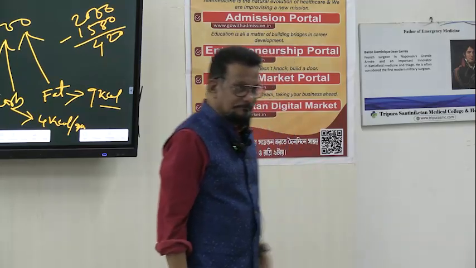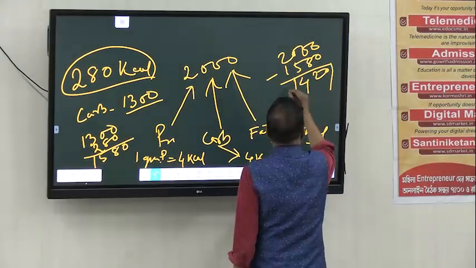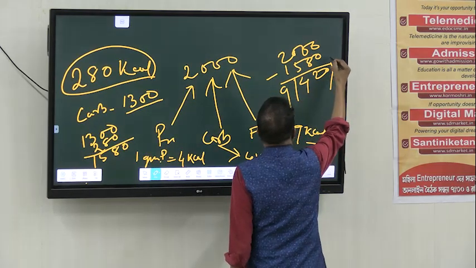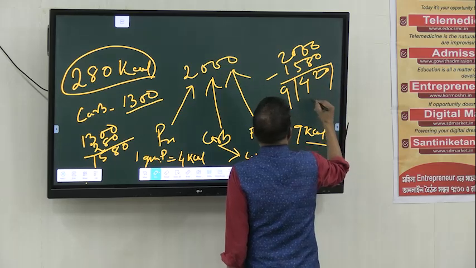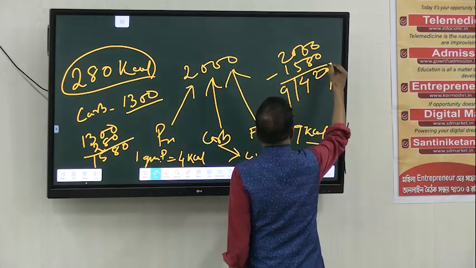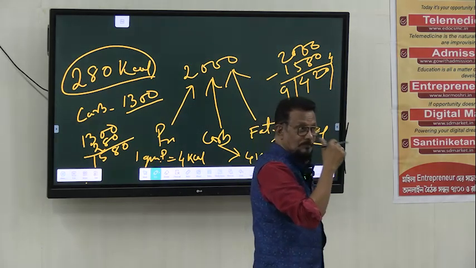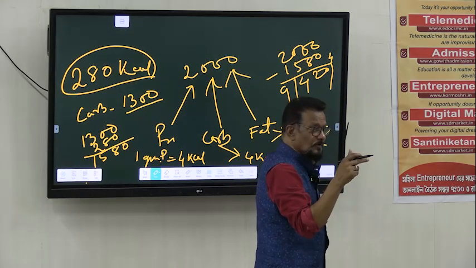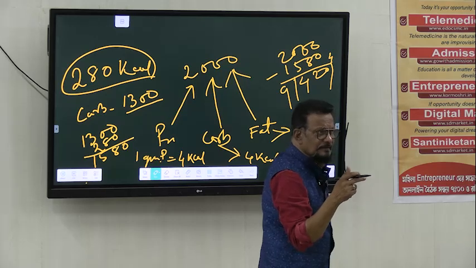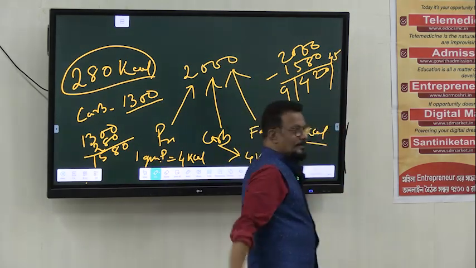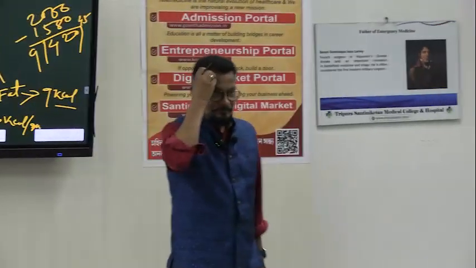Divided by 9, how much does it come to? 44? 40? Suppose 45. So 45 gram of fat, oil.